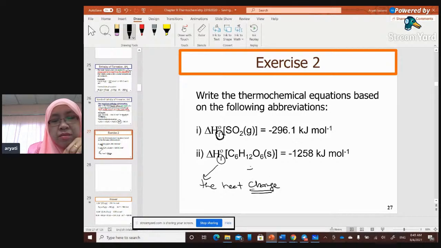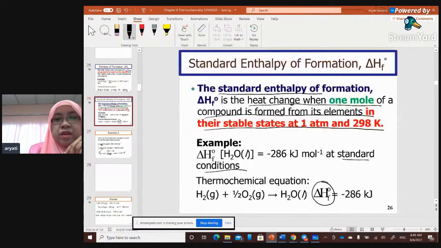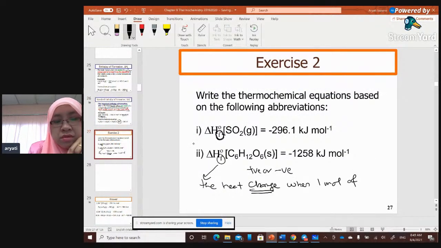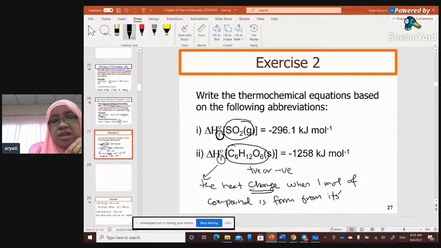Heat change can be positive or negative, depending on the reaction, when 1 mole of compound, in this case the compound is SO2, is formed from its elements. Here there is a naught sign, which means at standard condition, which is pressure equal to 1 atm and temperature is 298 Kelvin.